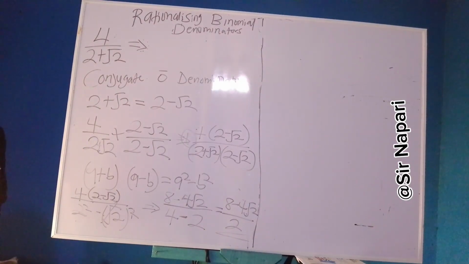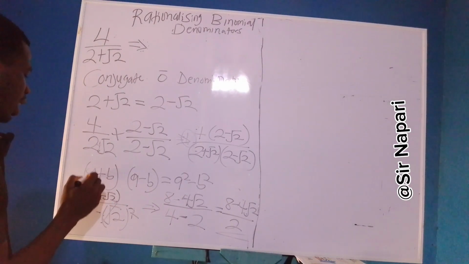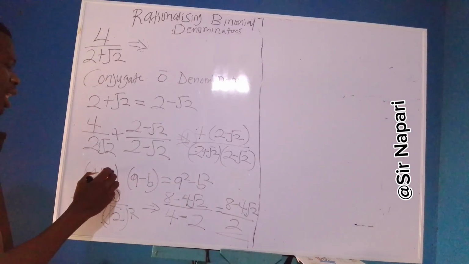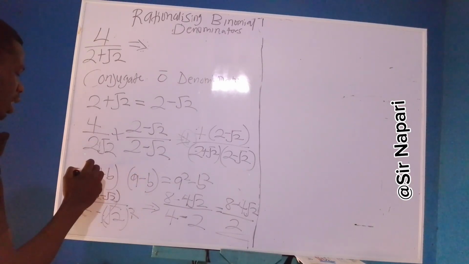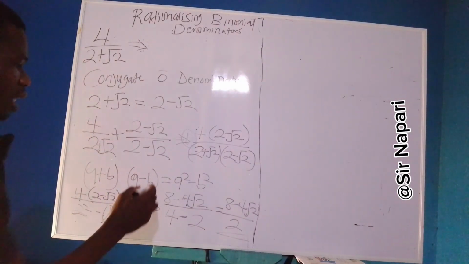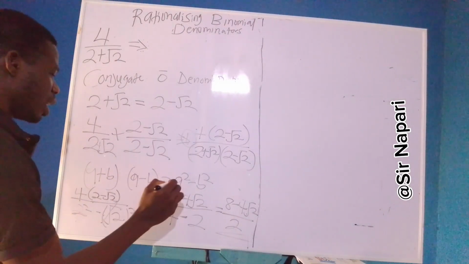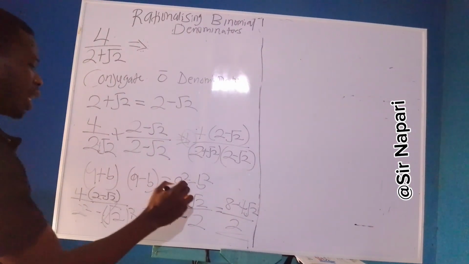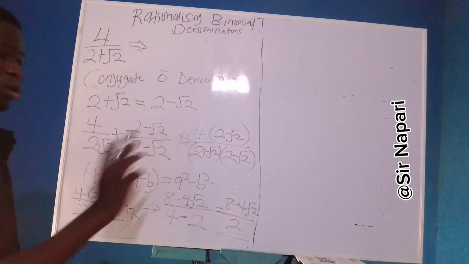And what is difference of two squares? When you have a term plus another term, multiplied by the same term minus the same term, it is the same as taking the first term squared minus the second term squared.